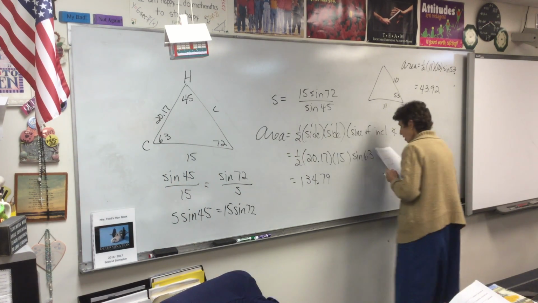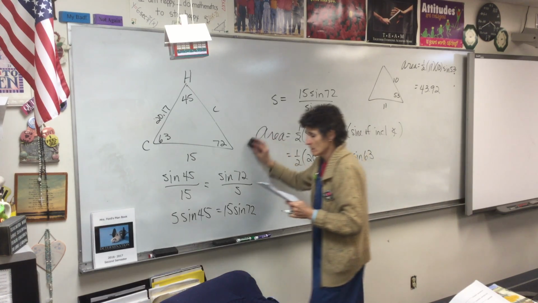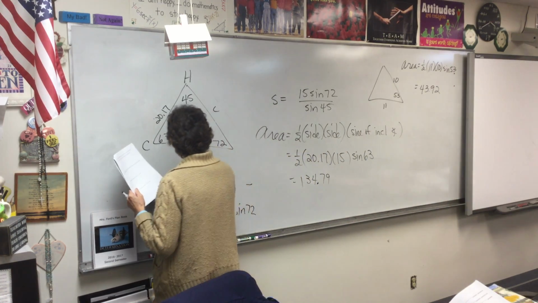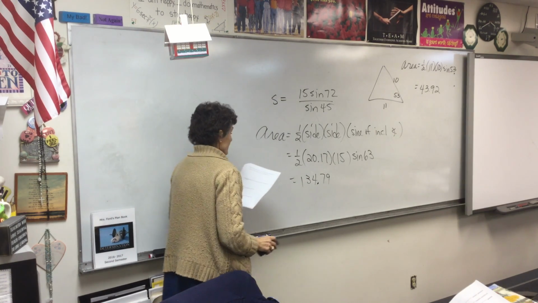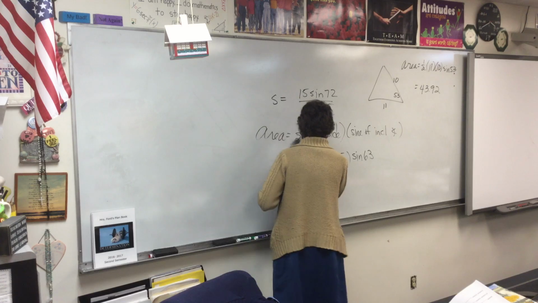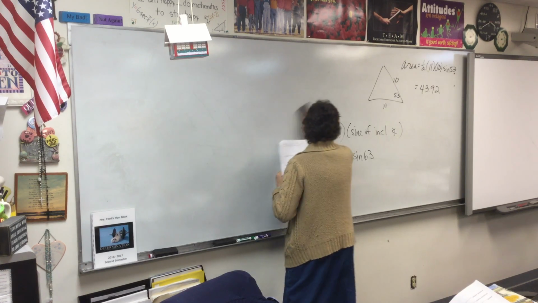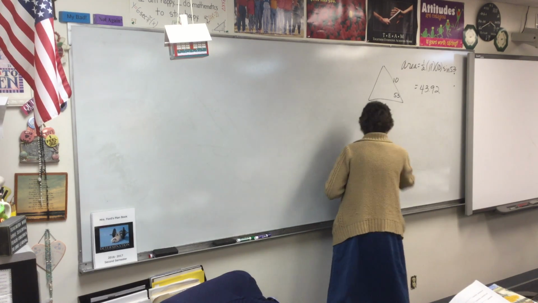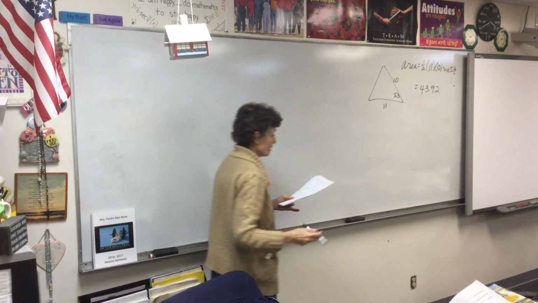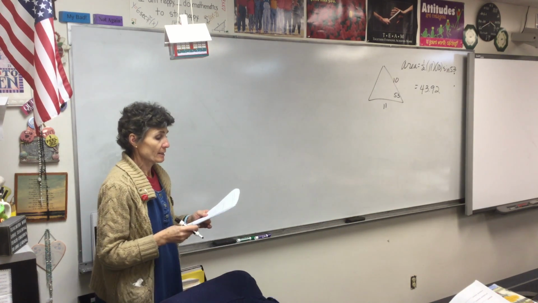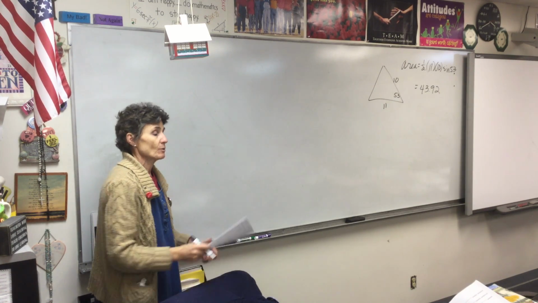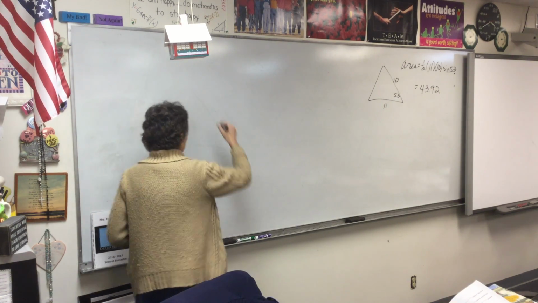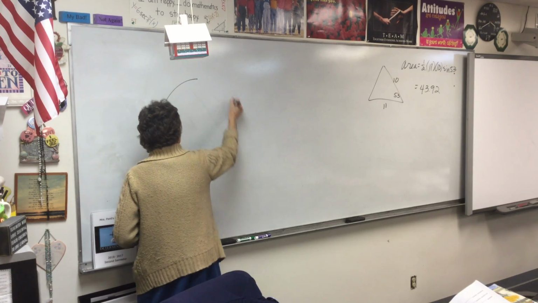Okay, so we're going to draw a picture of a regular pentagon inscribed in a circle. A regular pentagon inscribed in a circle with a radius of 10 feet. All right, so here's what I want you to do. If you're not sure, I want you to draw yourselves a circle.